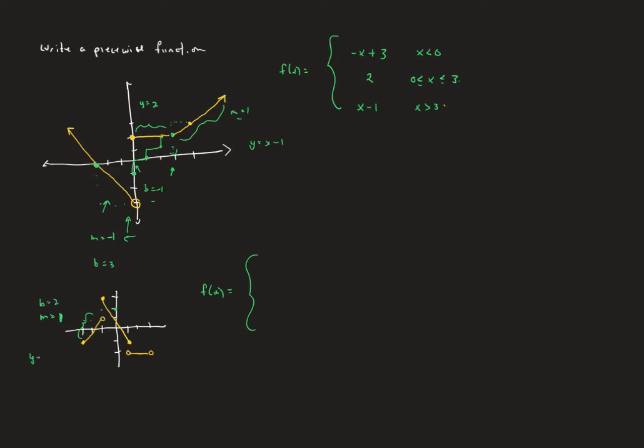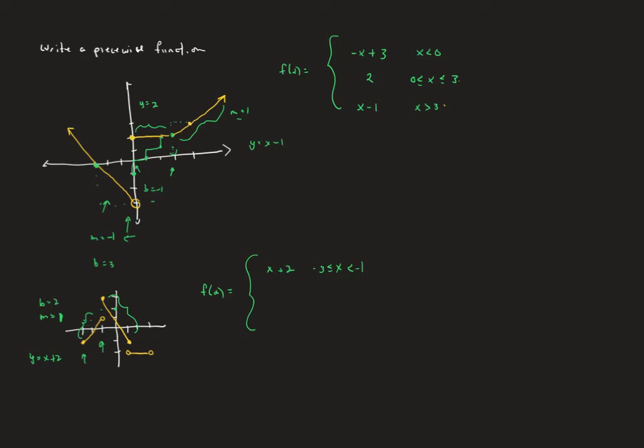So that part of the graph is going to look like y equals x plus 2. So I'll write x plus 2, and that's going to be for x values that are in between negative 3 and negative 1. So I'm going to go negative 3. I'm going to include that because of the solid dot, but not include the negative 1 because of the open circle. We're going to jump to the next piece over here.